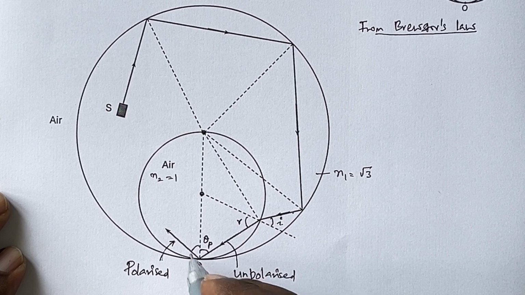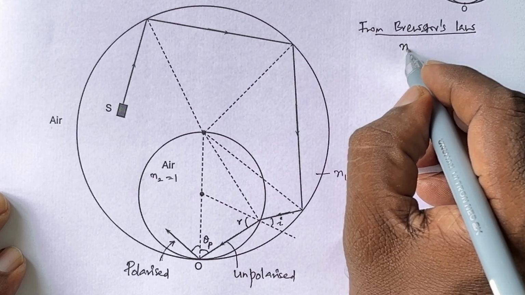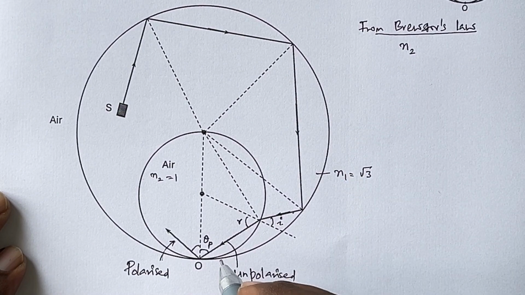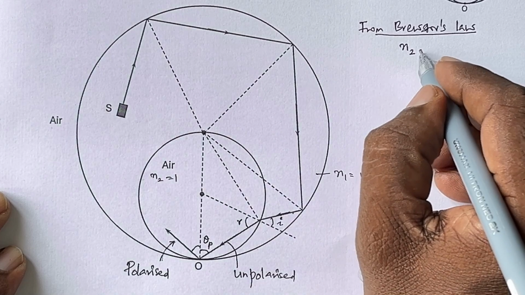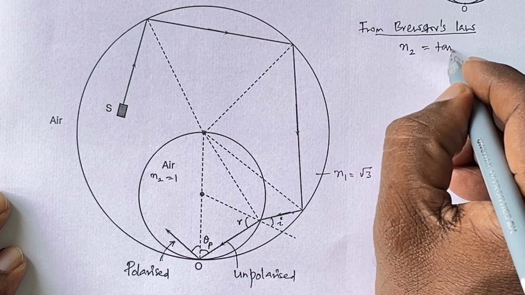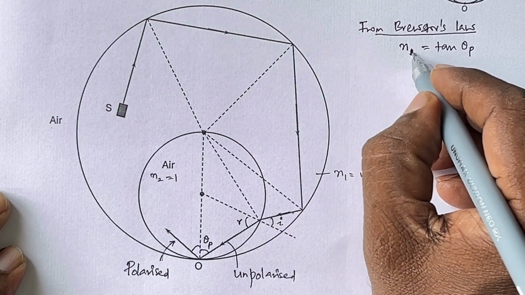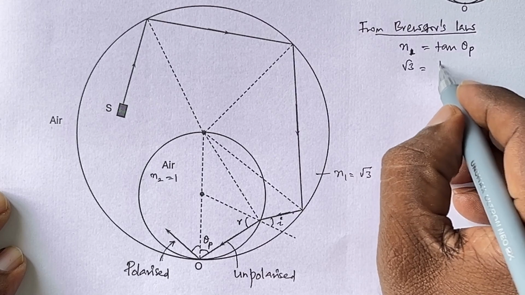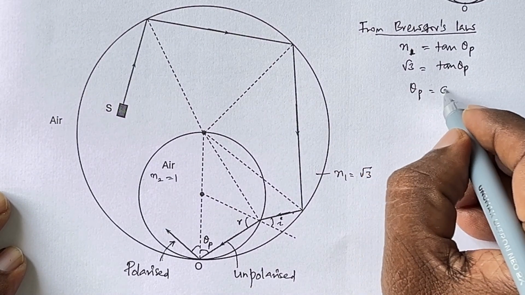So let us calculate this angle of polarization. What is the formula? When light is coming from denser to rarer, in the rarer medium this light ray gets polarized. See here, n1 is equal to tan theta p. What is n1? Root 3 is equal to tan theta p. So the angle of polarization is equal to 60 degrees.